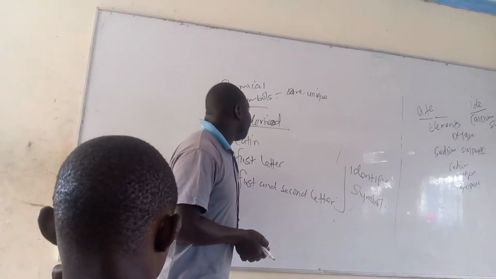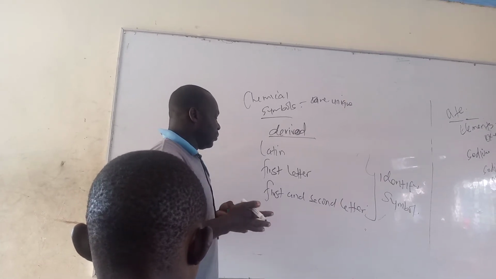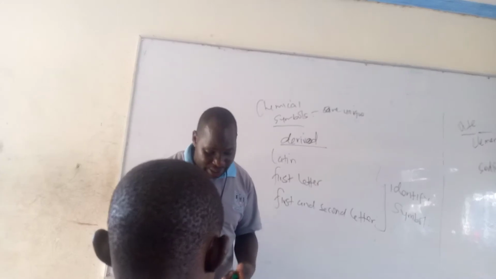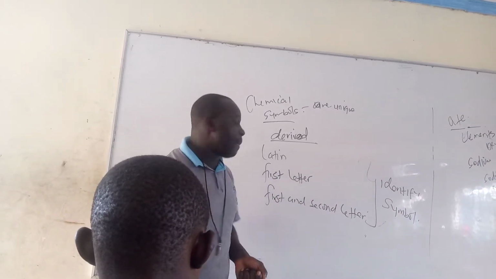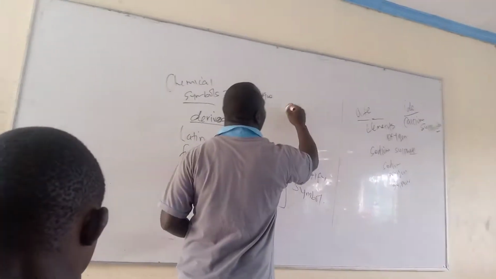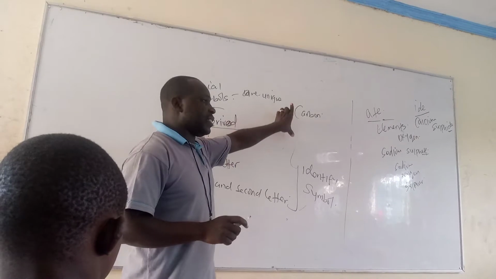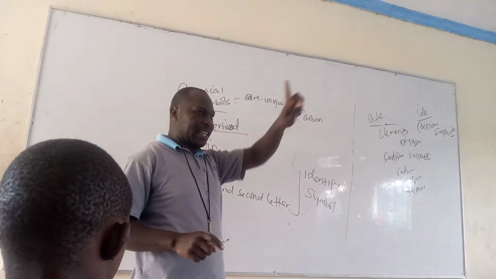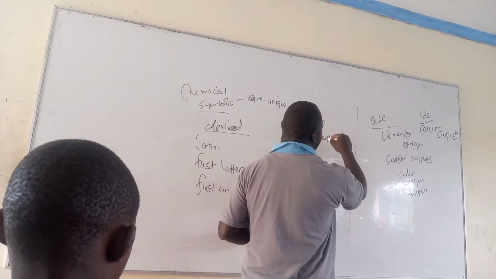For instance, assuming I want to write the chemical symbol of an element that I'm deriving from the first letter, for example, carbon. If I'm deriving it from the first letter, then I must write it in capital letter.